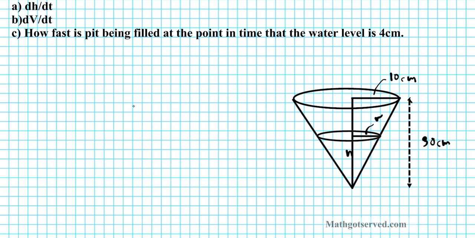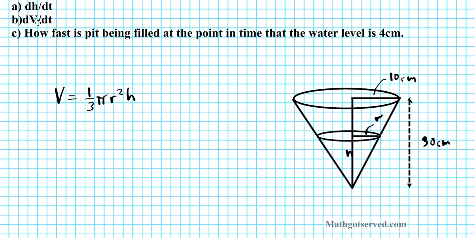All right. Now, what is the formula that relates the volume of the cone with R and H? The formula is V equals 1/3 pi R squared times the height.